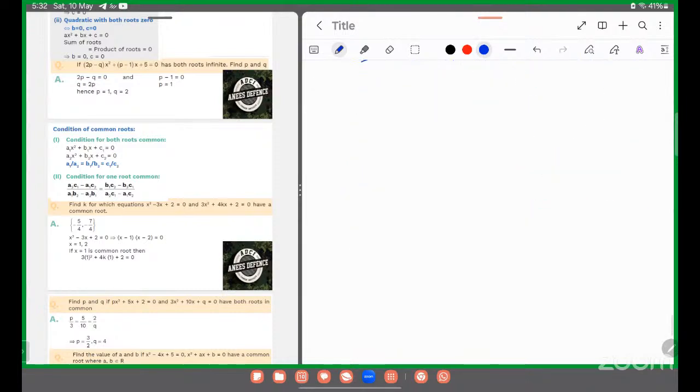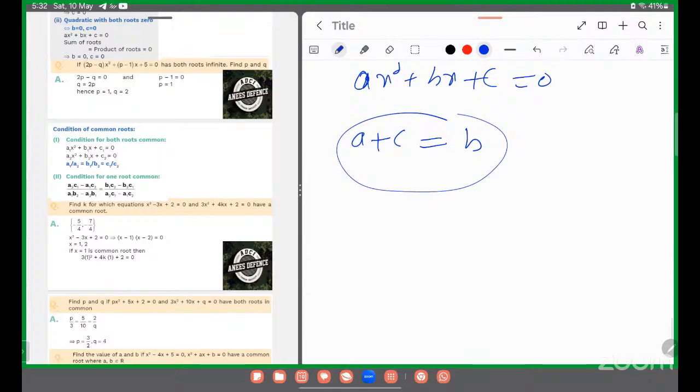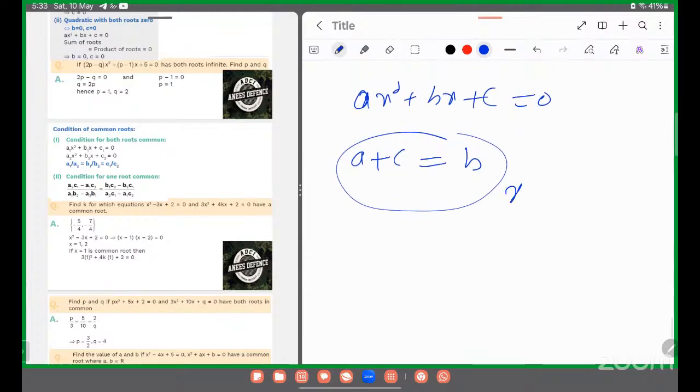That means we can say that for a quadratic equation ax square plus bx plus c equal to 0, if a plus c is equal to b, then x equal to minus 1 will always be a root.